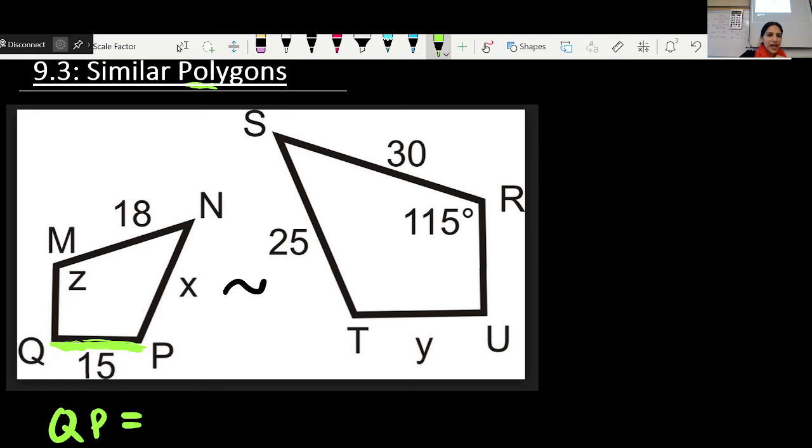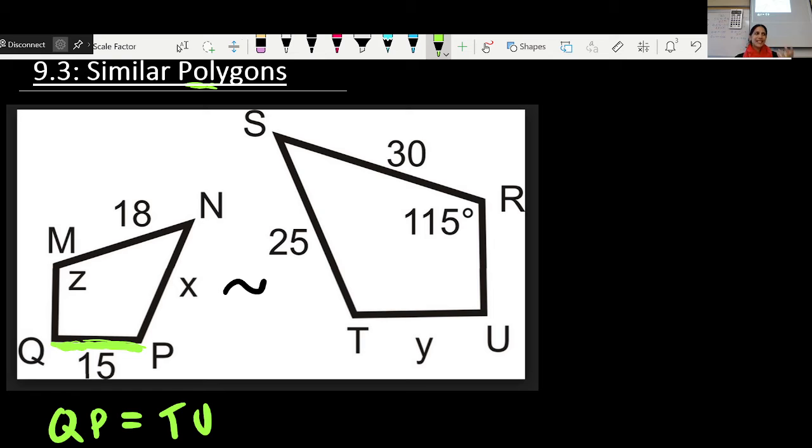We often do that to name our sides. I could put another variable there, like call it X or something, but usually we refer to the endpoints, Q and P, and so we call it line segment QP. Which one is that the same as on the other polygon? TU or UT, yeah. Does that make sense to everybody?